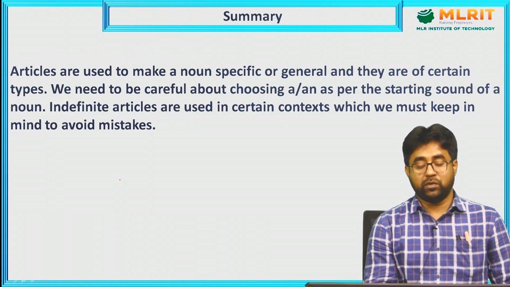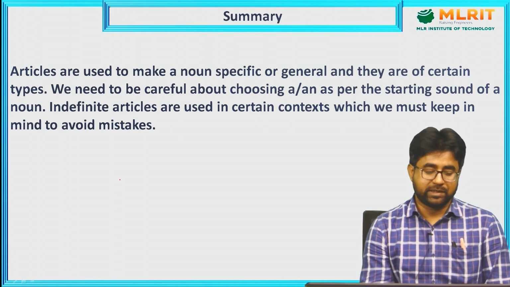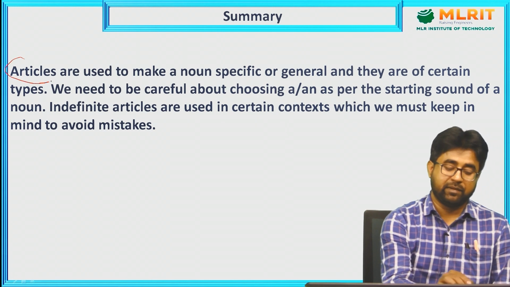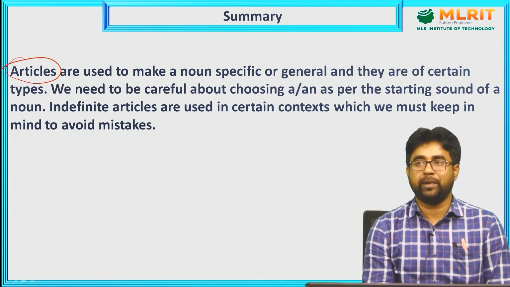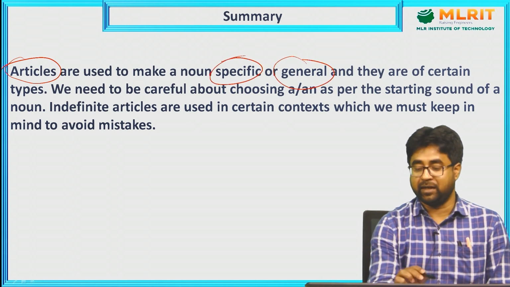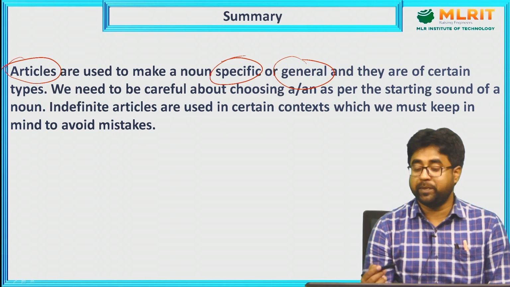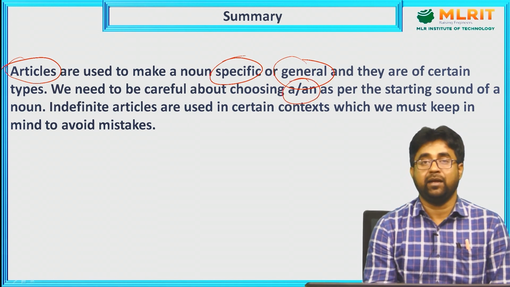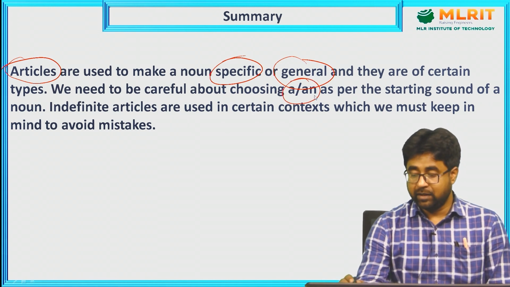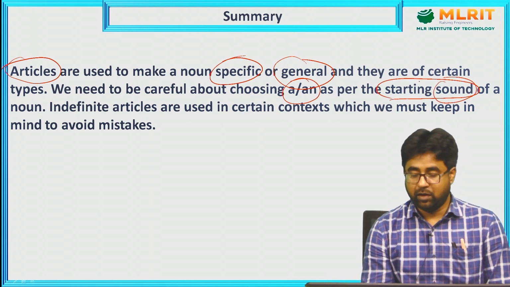So in short, this is all. Now what are the outcomes from this particular lecture? First you got to know about articles. What is the definition of an article? It is used to make a noun specific or general. Then you got to know how we need to be careful while choosing a or an, because it's not about the letter, it is about the starting sound of that particular noun.